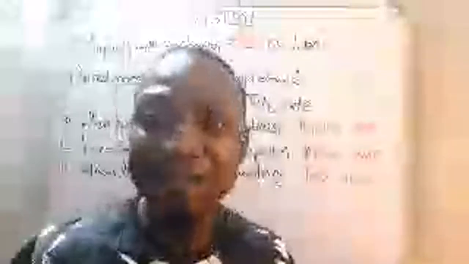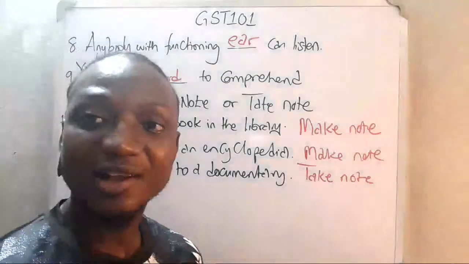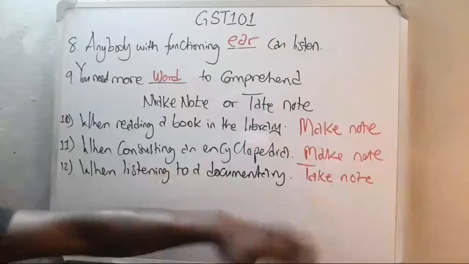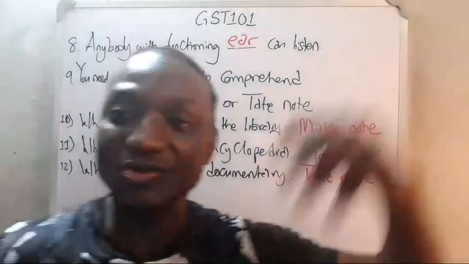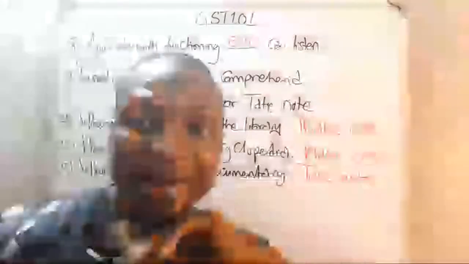But when it gets to making notes, you are calm, in a quiet environment, going through the text, crossing the T's and dotting the I's. You are gathering answers to your assignments or research work, so you need to pay attention, and by that you make notes.